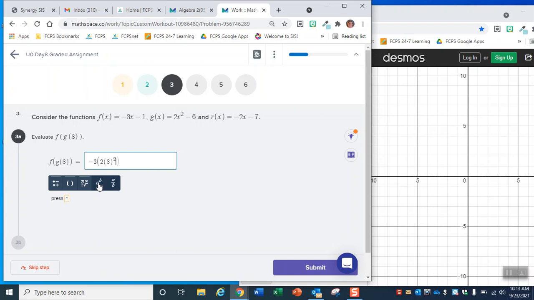All right, and I'll arrow over, and then I have -6. So what I did is this is 8 inside of g, which is inside of f. So there's the -3x, and then I'm going to finish doing f. f was -3x, so here's -3x, and then I have a -1.